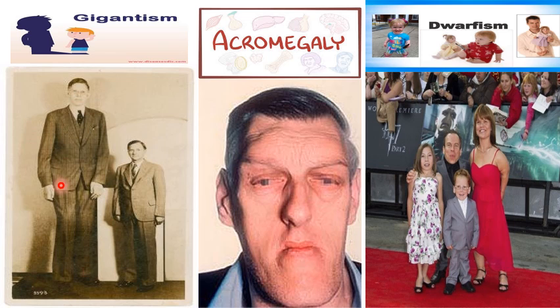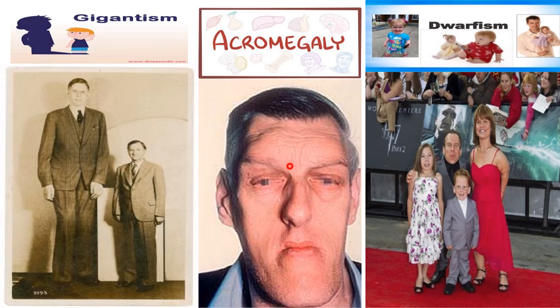This photo shows gigantism, which is due to an increase in growth hormone secretion before closure of the epiphysis, while this photo shows acromegaly. Acro means peripheral and megaly means enlargement.